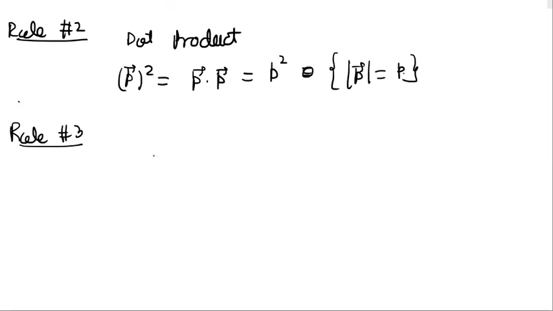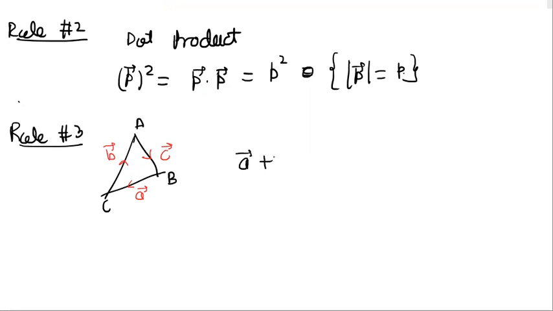The rule number 3 is, if you are given a triangle like this, with vertices A, B and C, this will be the C vector, this BC will be the A vector, and then CA will be the B vector.